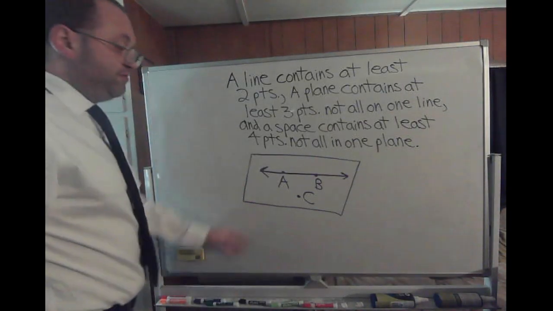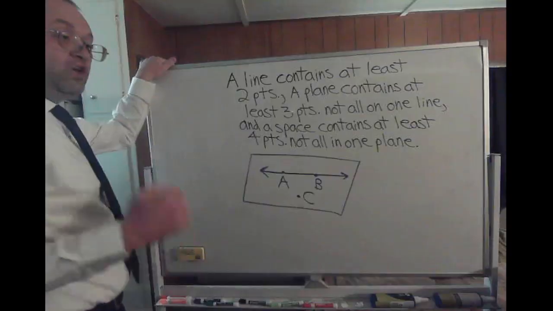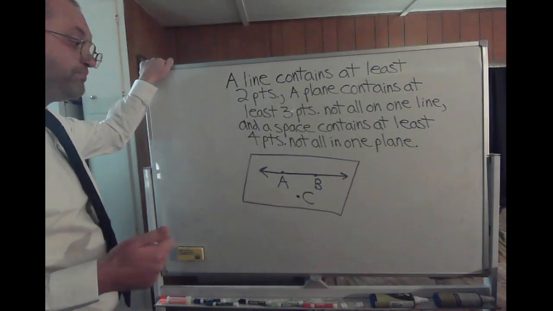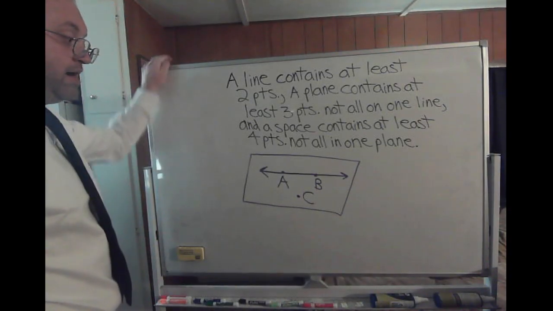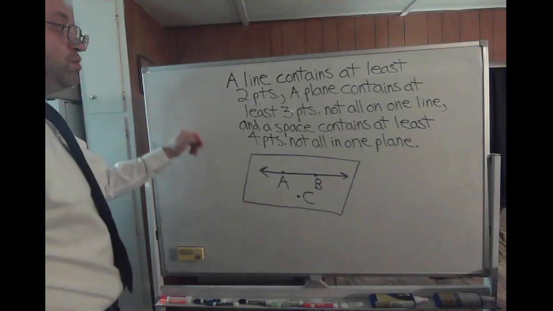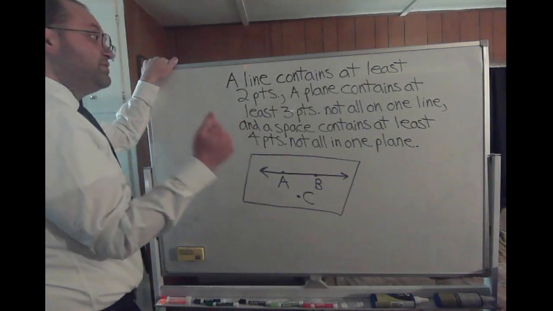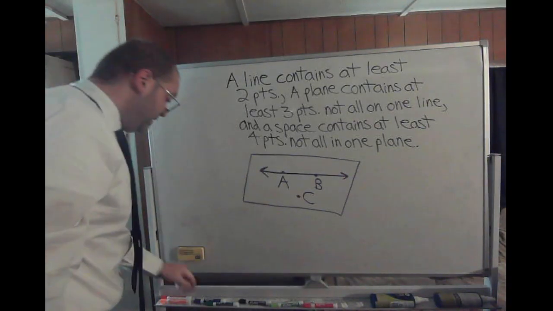If point C were on this line AB, we could only prove there's a line. We couldn't prove that there's a plane. So, yeah, it kind of goes back to what we were talking about in previous lessons. A plane contains at least 3 points not all in one line. Basically, this is a postulate given the definition of a line, a plane, and a space. That's really all it's doing here.